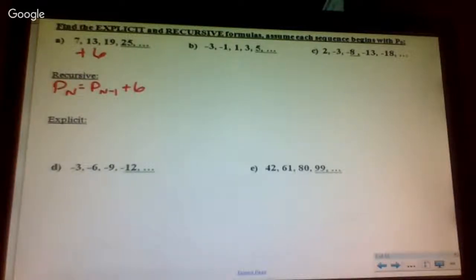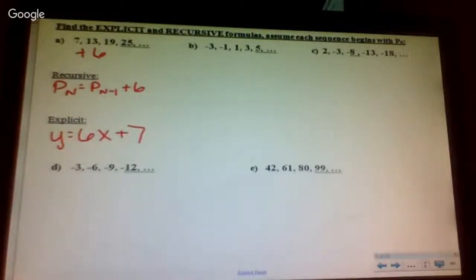That's the easiest one we can do. Okay, explicit formula. Y equals mx plus b. So y equals, what is my slope? 6. It's going up by 6. Where do I start? 7. There it is. Okay. It gets harder when they don't give you the initial number.